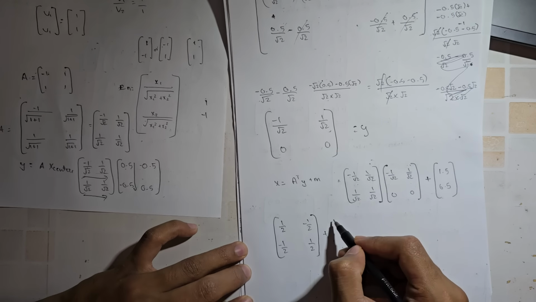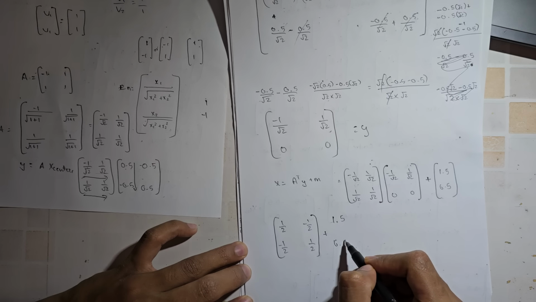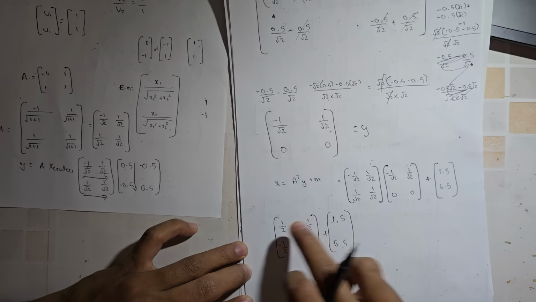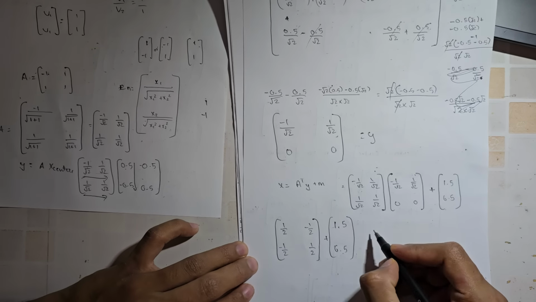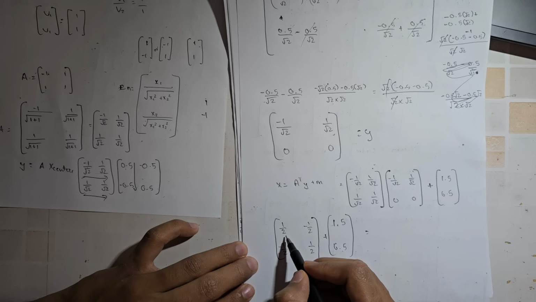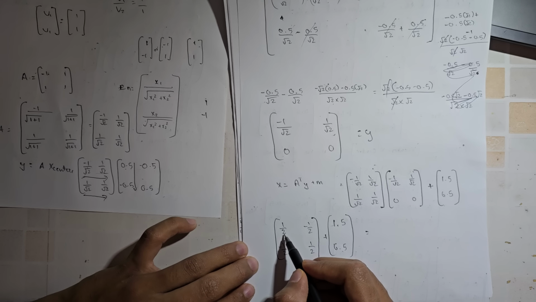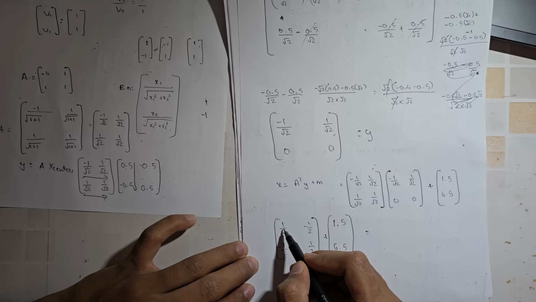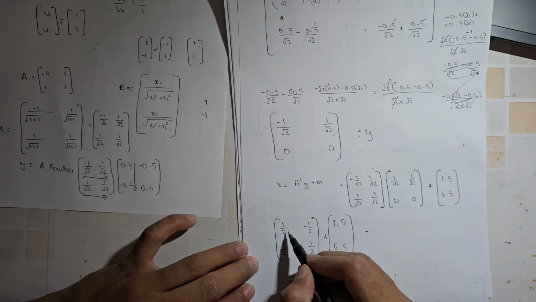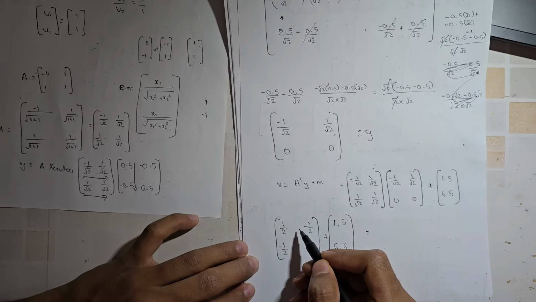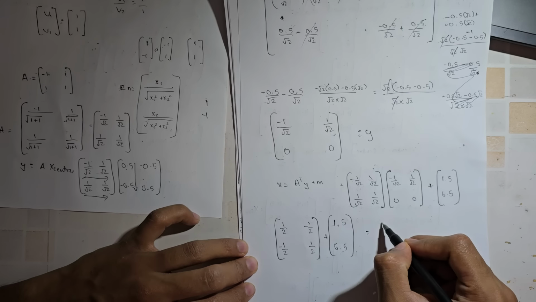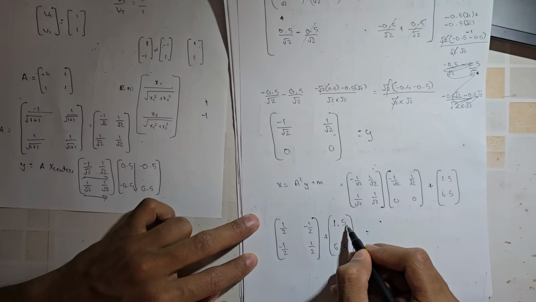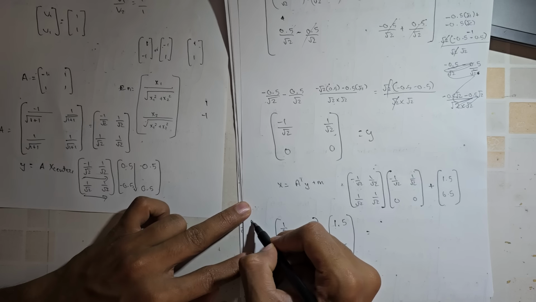So now you have to add 1.5, 6.5. This will be added for both of these. Okay, if you do that, 1.5 plus 0.5, since half is nothing but 0.5, right?